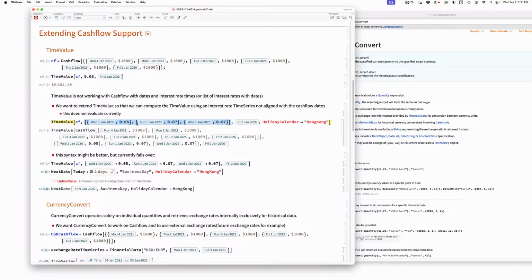Now, how does exchange rate play into this? One thing you might want to do is convert a cash flow from one currency to another. Is that correct? Yes, but that's going to be operating on the first argument of the time value calculation, the cash flow structure. Okay, fine.